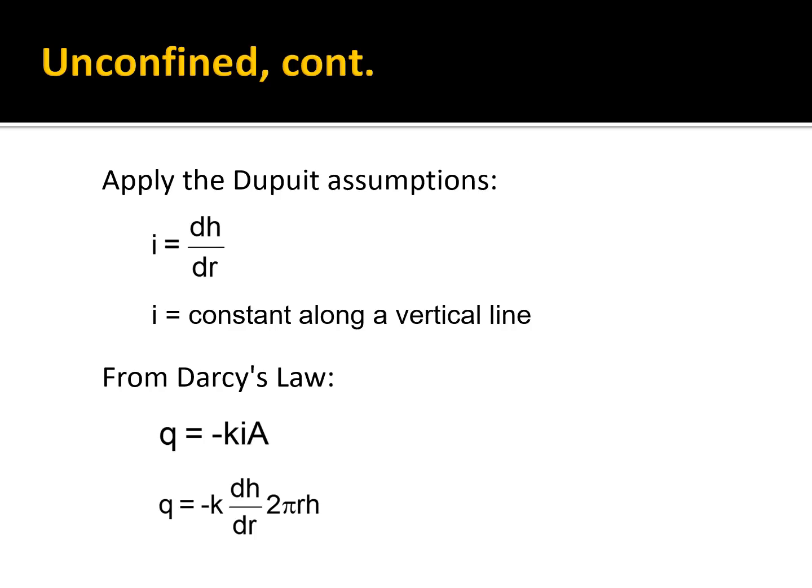We're going to do the same thing we did before. Remember that circular band around the well? Now, before, the height of that band was capital D. Well, now it's lowercase h.